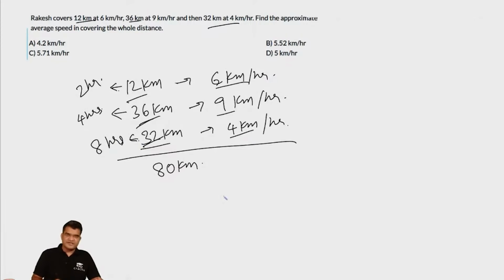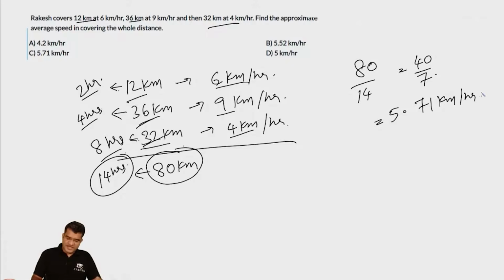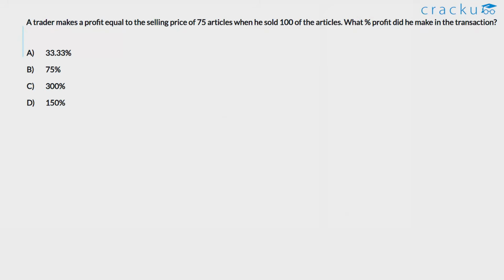So the total time that he has taken is 2 plus 4 plus 8, which is equal to 6 plus 8, which is equal to 14 hours. So overall he has covered 80 kilometers in 14 hours. So his speed will be 80 divided by 14, which is equal to 40 divided by 7. This is equal to 5.71 kilometers per hour. So his average speed in the entire journey is 5.71 kilometers per hour.